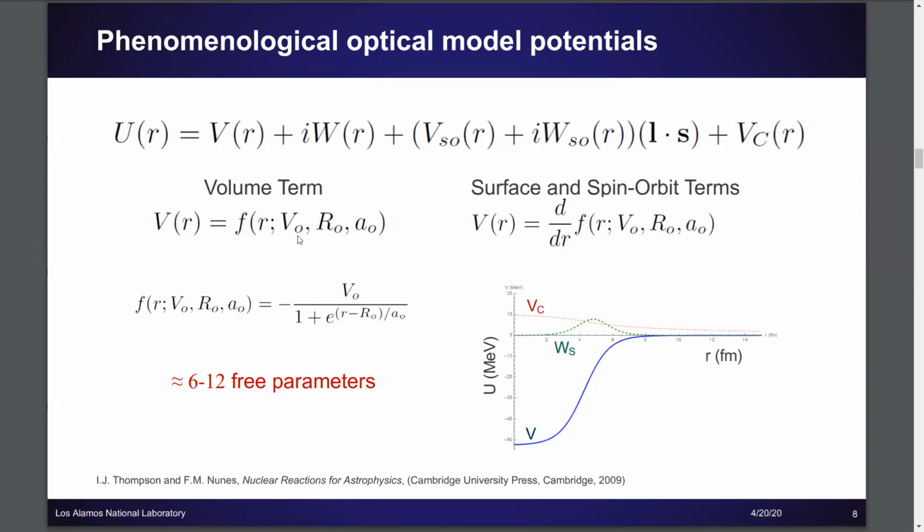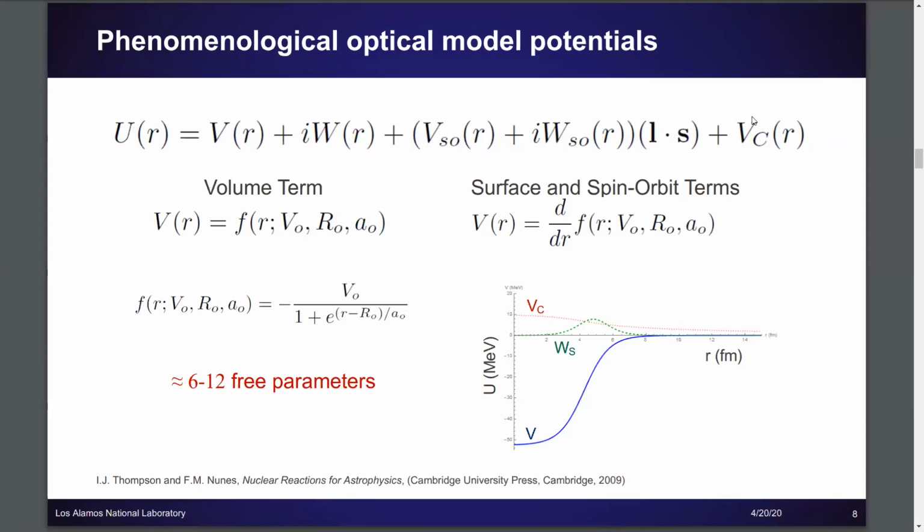And so in most of the potentials that we've been looking at, and how we've been doing our optimization, we have a real and an imaginary volume term, and then an imaginary surface term. And these are the free parameters that we worry about optimizing. We typically fit or fix the spin orbit term to whatever global model we're looking at.